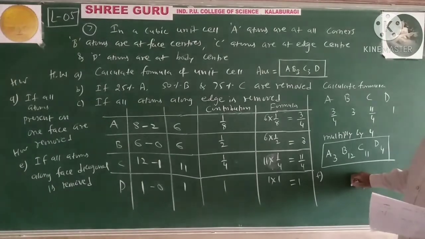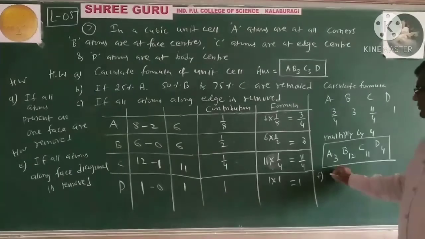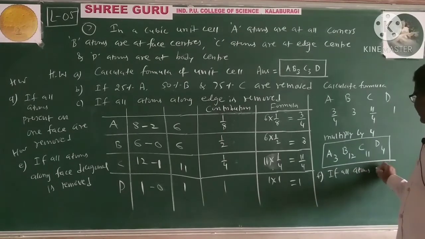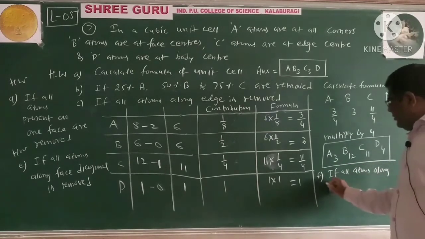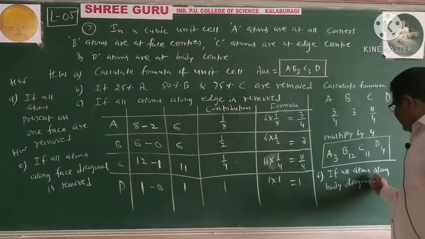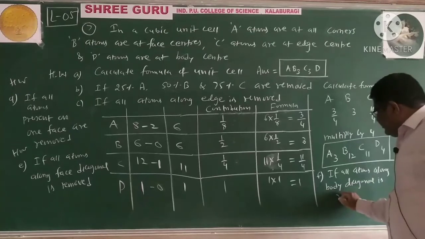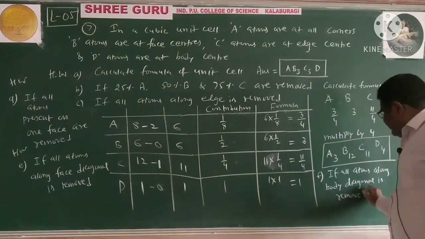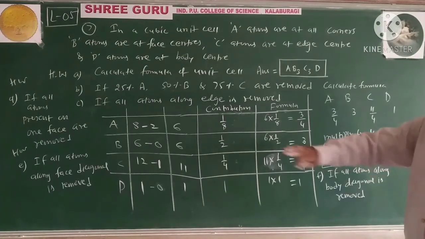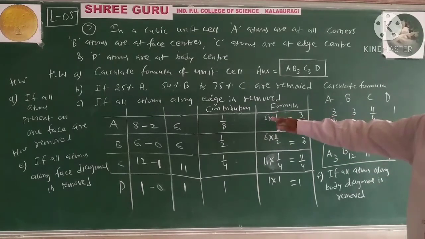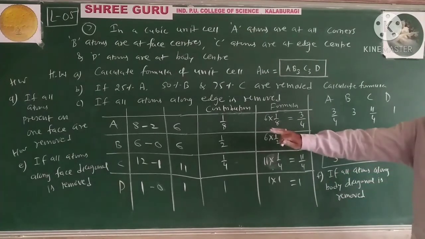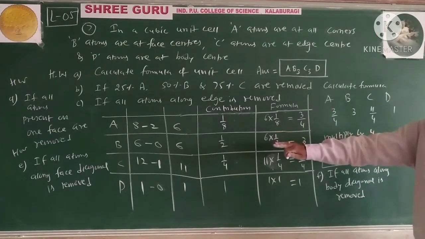F: if all atoms along the body diagonal are removed. In the last class we made one table. If the face diagonal is removed, from which location how many atoms are removed? When the body diagonal is removed, from which location how many atoms are removed?